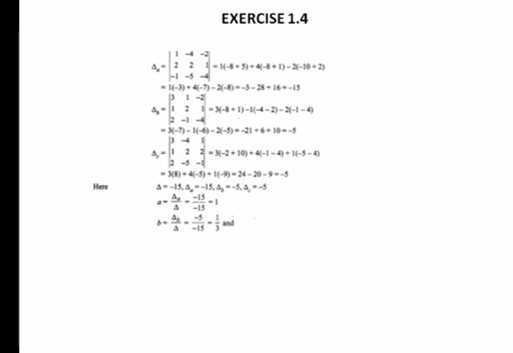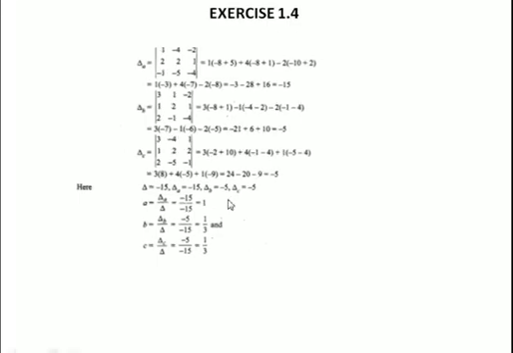B equal to delta b by delta equal to 1 by 3, c equal to delta c by delta equal to 1 by 3. Then you find out the value of a equal to 1, b equal to 1 by 3, c equal to 1 by 3. Then 1 by x equal to a, so that x value is 1.